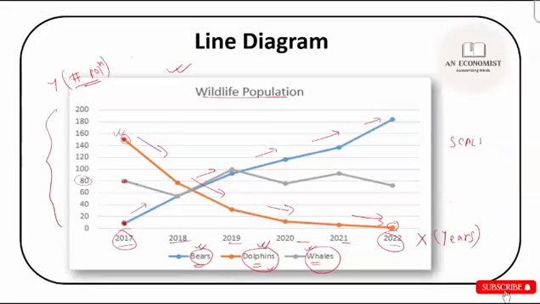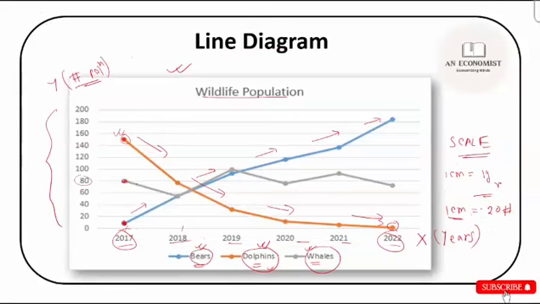Here the horizontal axis has 1 centimeter equal to 1 year, and on the vertical axis 1 centimeter is 20 wildlife population; the population increases by 20 with each passing centimeter.